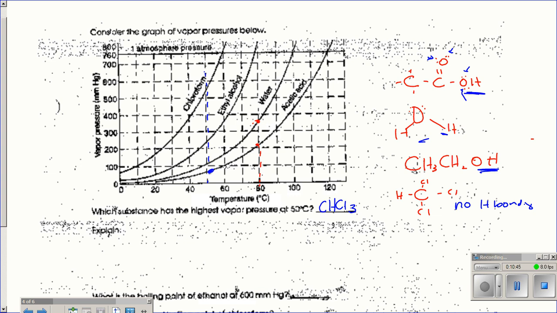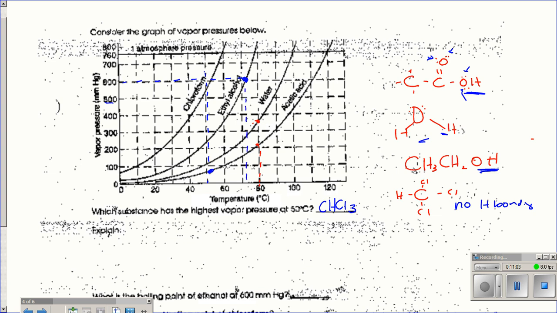Let's see, it doesn't want the normal. Oh no, at 600 millimeters of mercury, so this is 500, 600, and we're looking for ethanol. So come on over here, here's the line.